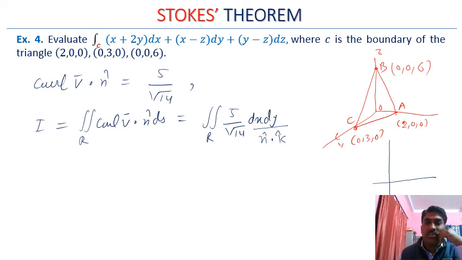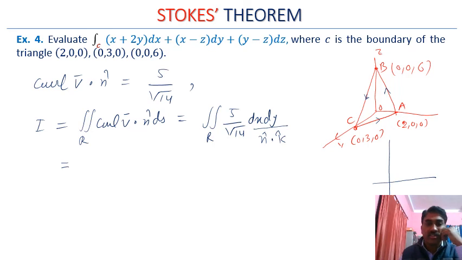The projection of this plane ABC on the xy plane will be the triangle marked by OAC, and this is the positive direction. We have also discussed that ds can be written as dx dy by n dot k, and you can learn a lot about this in the previous lecture on surface integrals.